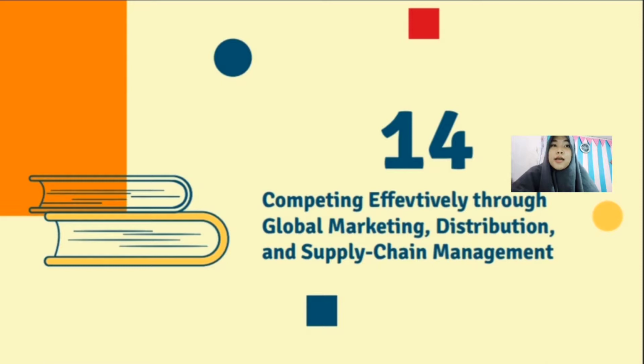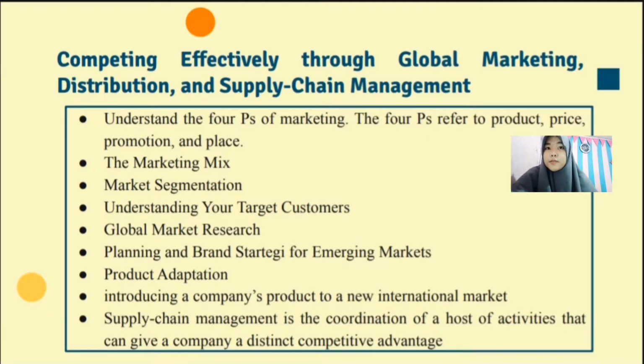Next slide is 14. Competing effectively through global marketing, distribution, and supply chain management. Effective ways to compete. Point number one, understand the 4Ps of marketing. The 4Ps refer to product, price, promotion, and place.